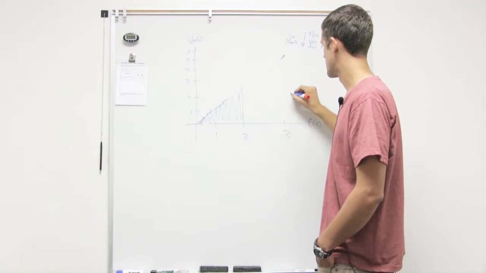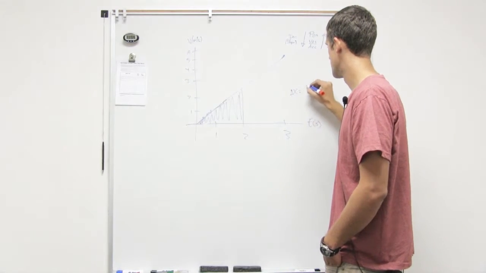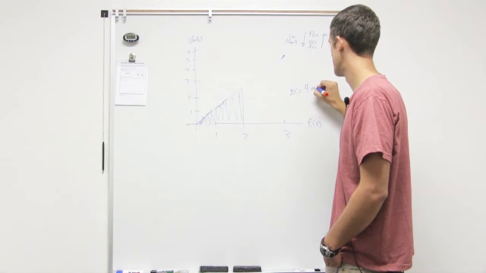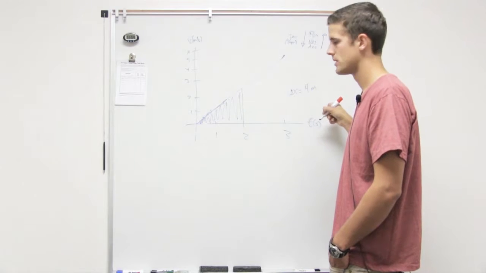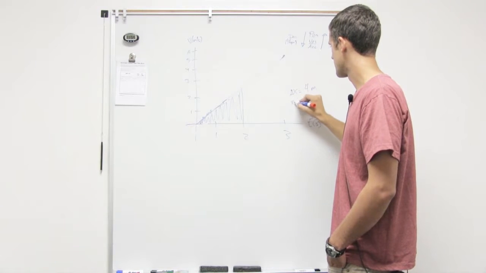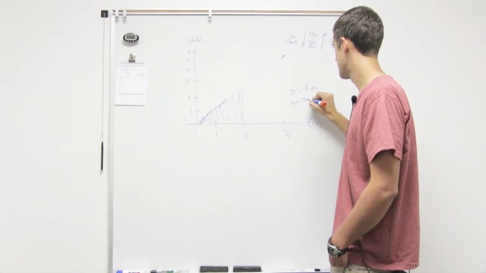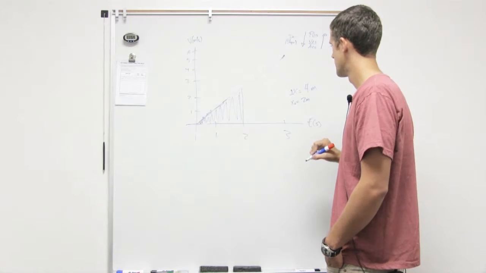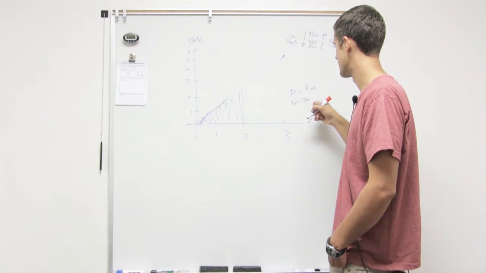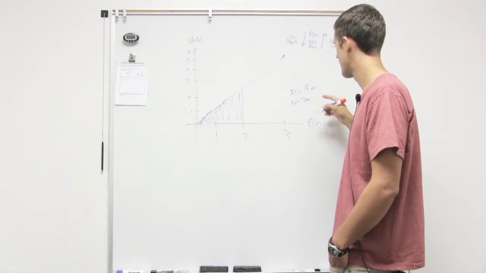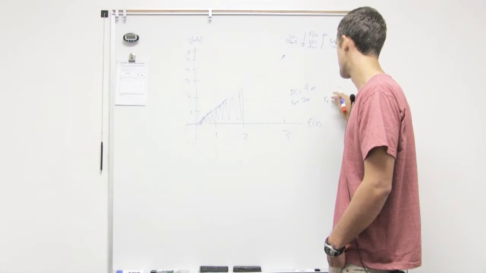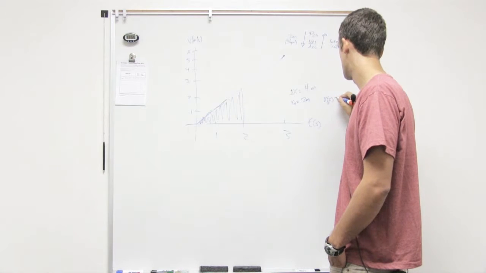Your change in x would be equal to 4 meters, from time 0 to time 2. But x of 0 equals 2 meters. So if you have 2 meters and you change 4 meters positively, your x at 2 would be 6 meters.